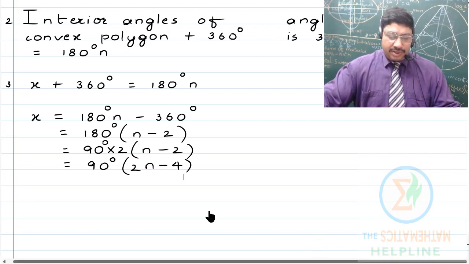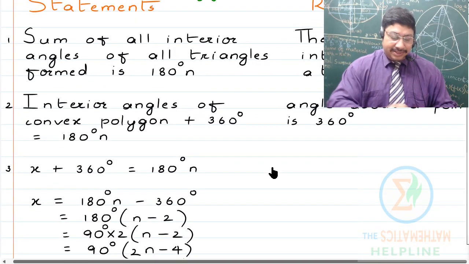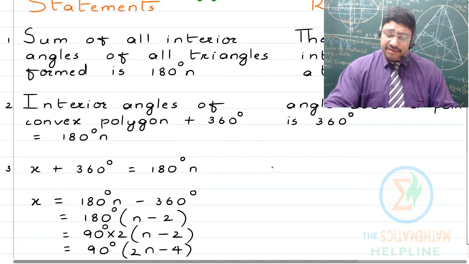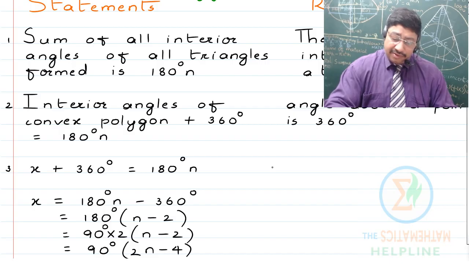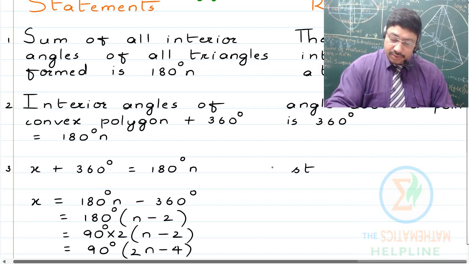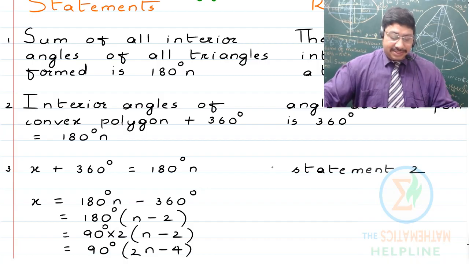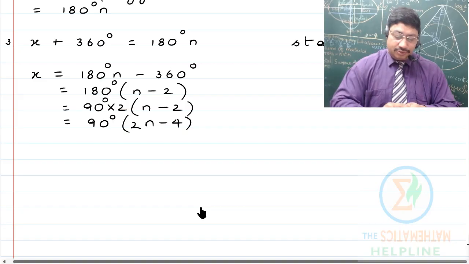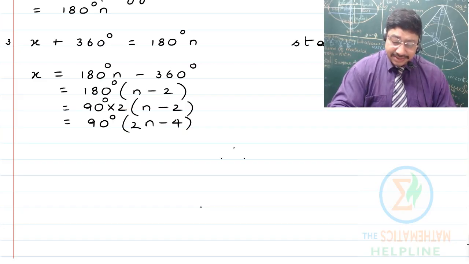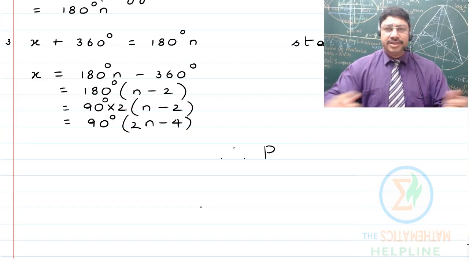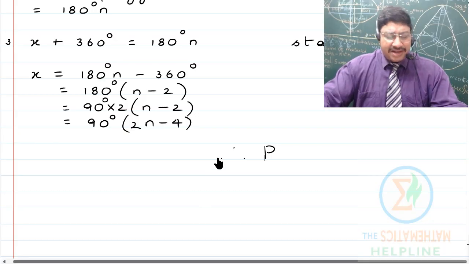And why have we been able to write this? That's because of statement 2, right? So because of statement 2 we can write this, and therefore this stands proved that the sum of the interior angles of a convex polygon is 2n minus 4 times 90 degrees.